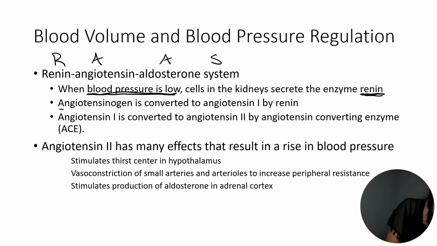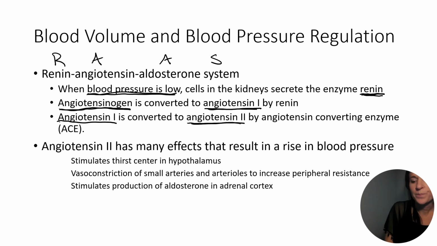Renin then is going to convert angiotensinogen, which is released by the liver, into angiotensin 1. Then angiotensin 1 is circulating. It's going to travel through capillaries within the lungs, and angiotensin 1 is going to be converted into angiotensin 2 by angiotensin converting enzyme, or ACE.